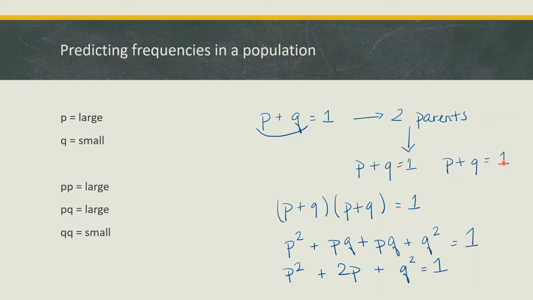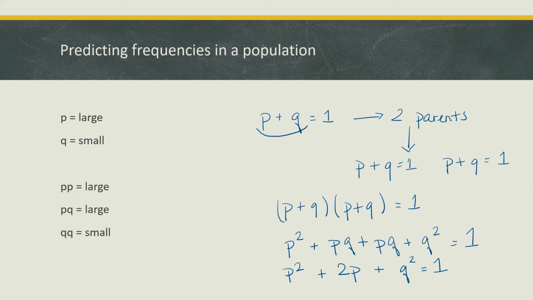As we've learned through meiosis and mitosis, these parents combine, right? When the gametes meet, the sperm and egg, they combine their DNA, so we can multiply these two: p plus q times p plus q. The probability and frequency of the gene pool will still remain 100%. So now let's do some algebra.